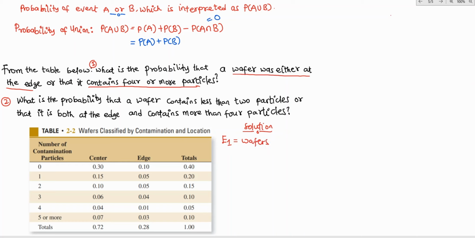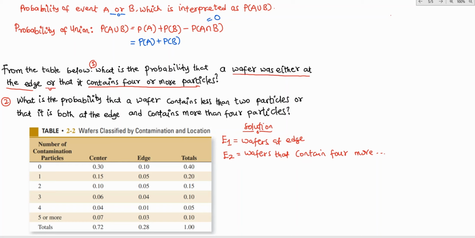And then event E2 will be wafers that contain four or more particles.